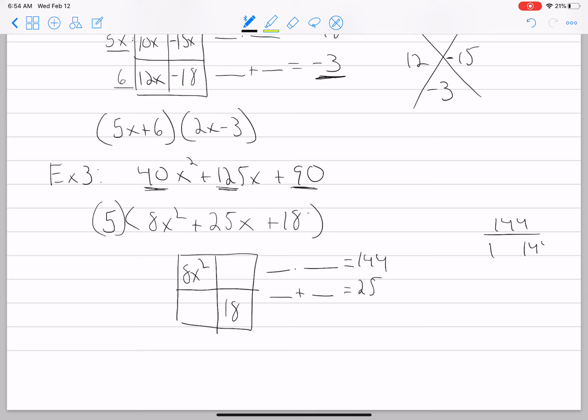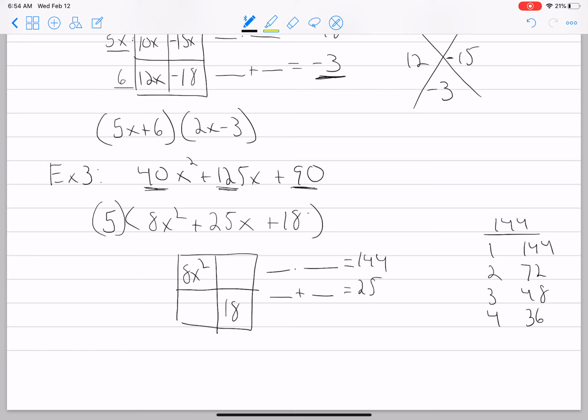1 and 144. There's no way that's going to turn into 25. 144 divided by 2 is 72, but that's not going to be a 25. 144 divided by 3 is 48. That's not going to turn into 25. Divided by 4 is 36, which is not going to get me there.